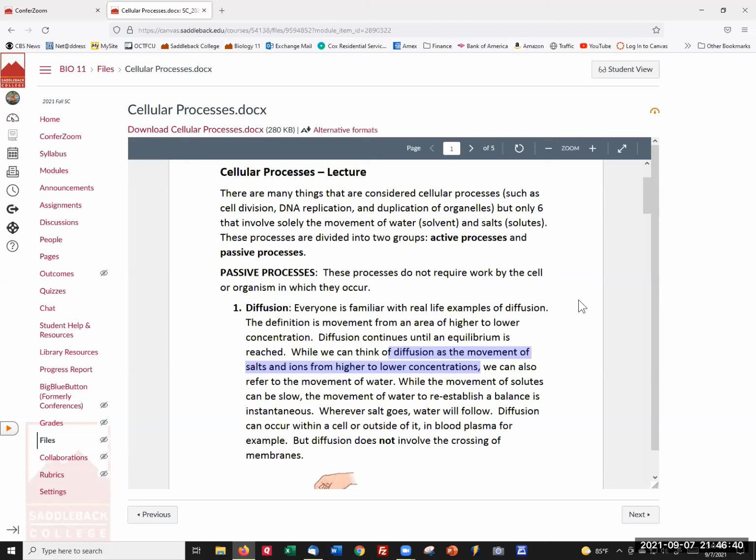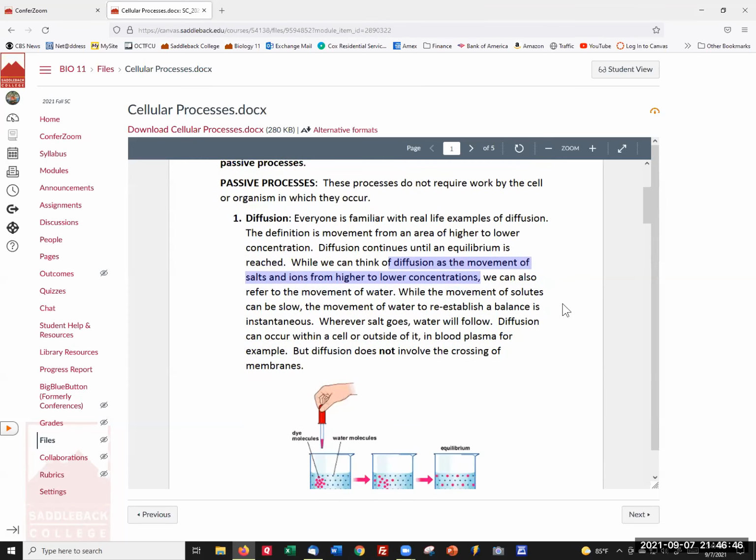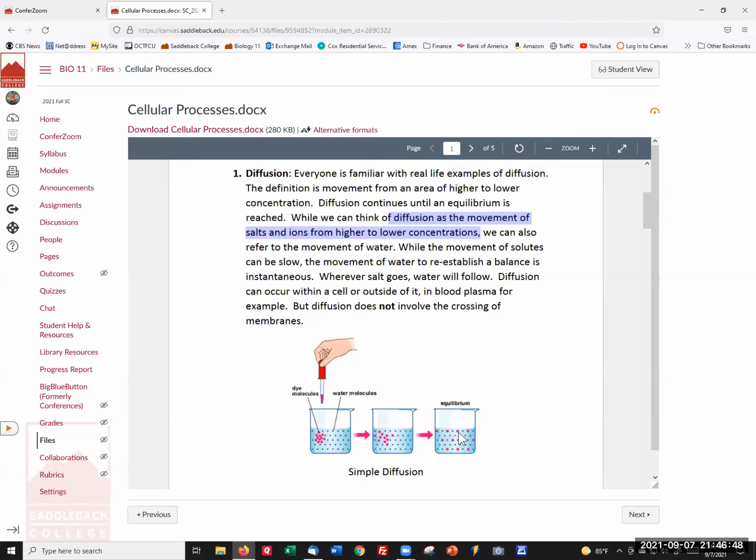It's going to take as long as it takes me to get an answer out of you guys. And here's an example here of a dye being pushed into water, spreading out until it reaches equilibrium. That is simple diffusion.